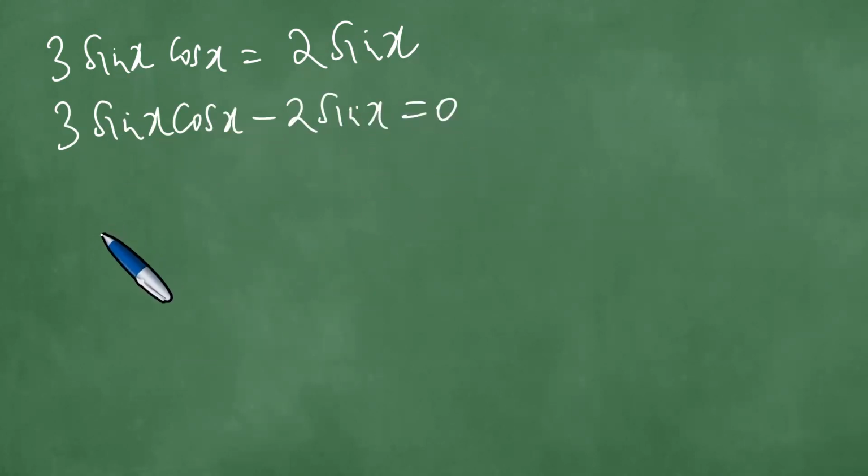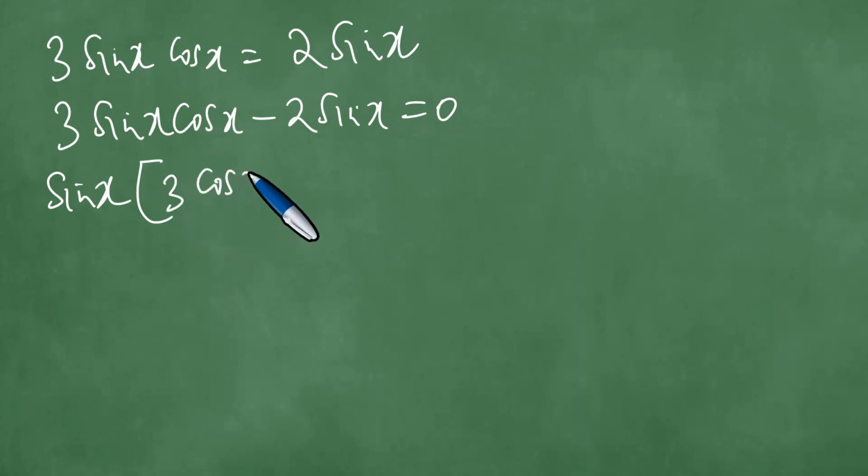This is what we get. Then what is the next step? Since we have a common factor, the common factor is the sine of x, and if you put it out, we have 3 cosine x minus 2 equals 0.